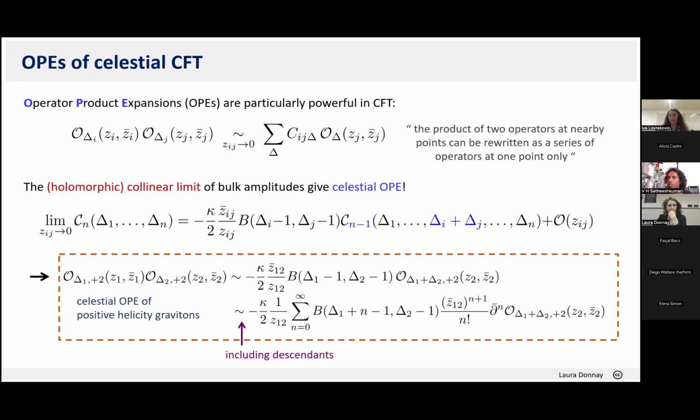Chiral or Carroll? C-A. Okay, Carroll, like Alice in Wonderland. Exactly. So, okay, Carrollian holography is a different approach to flat space holography.